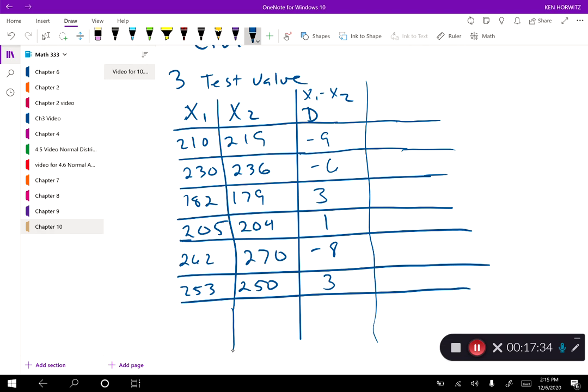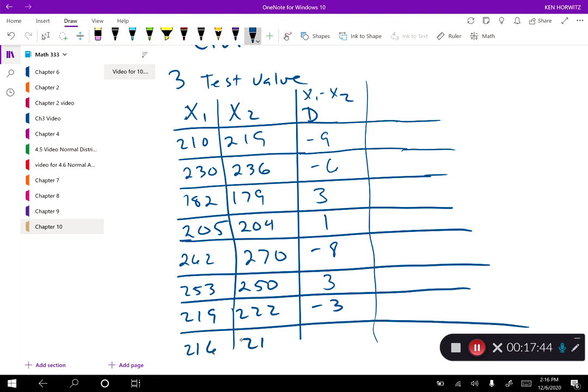So then I have 219, 222, which is -3, and 216, 216, which would be 0. Let's double count my data: 1, 2, 3, 4, 5, 6, 7, 8. I have all 8 because it said 8 in the problem.